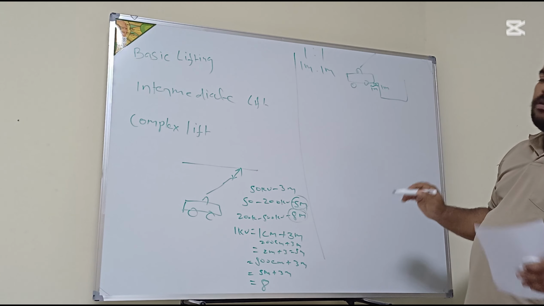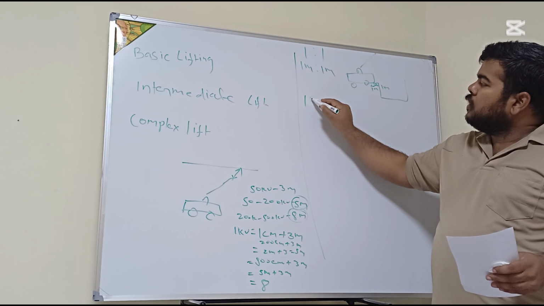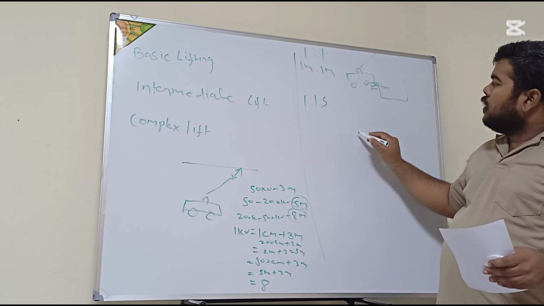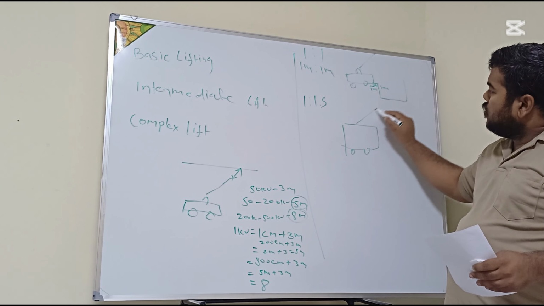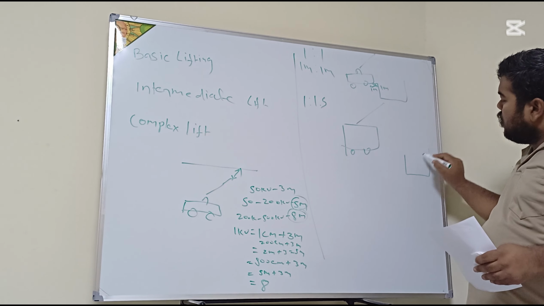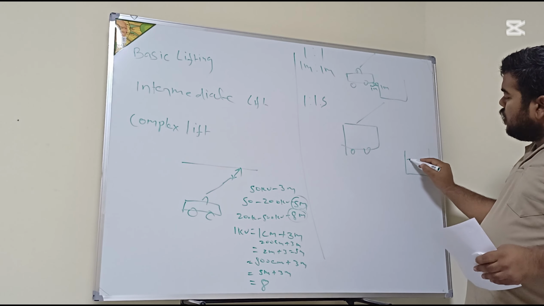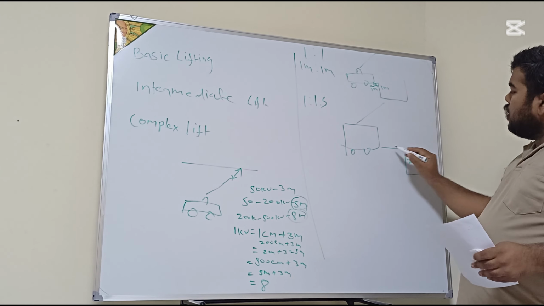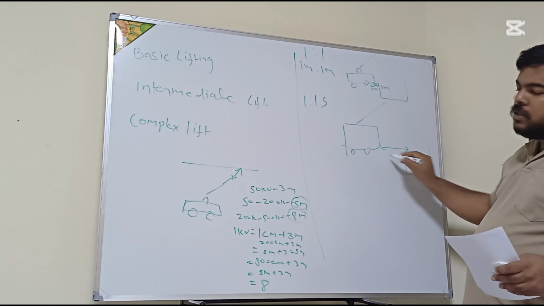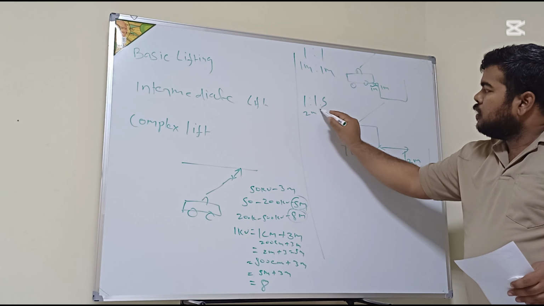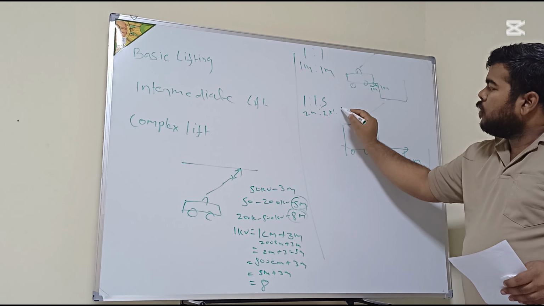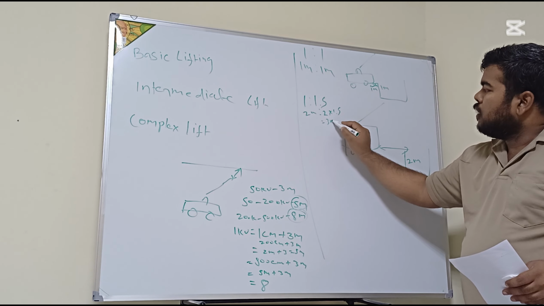But some local regulations say it is 1:1.5. That means if, for example, this is 2 meter, how much distance do you need to maintain? If it is 2 meter, then it is 2 into 1.5, which is 3 meter.